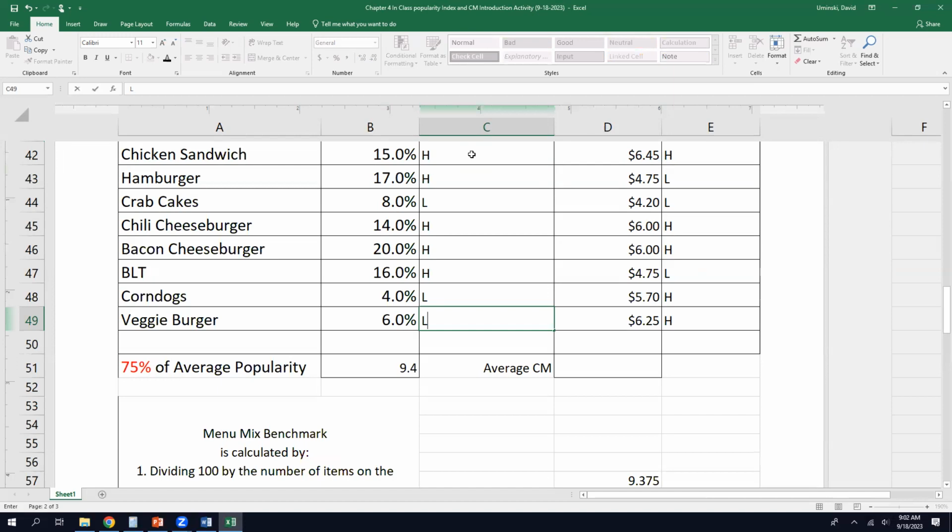So now we have our highs and lows for both categories, both popularity percentage as well as our contribution margins. Now we can plug this information into our little puzzle here, okay?